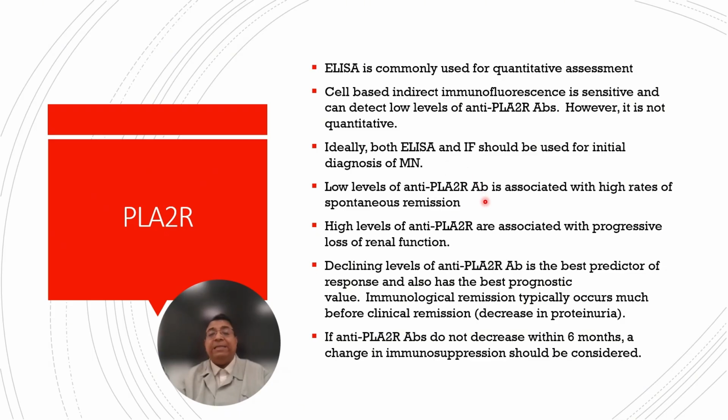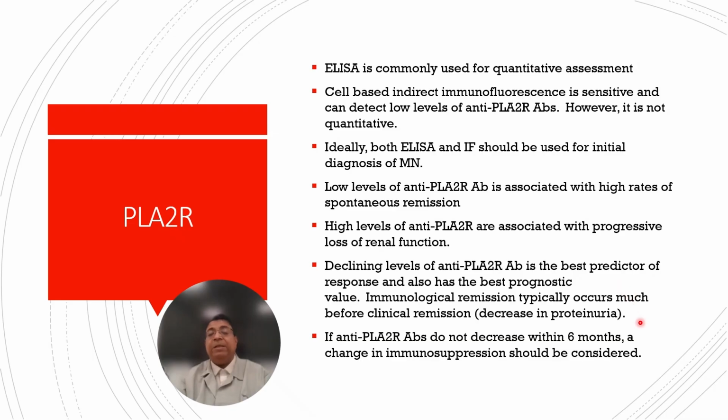Low levels of anti-PLA2R antibody is associated with high rates of spontaneous remission. High levels of anti-PLA2R are associated with progressive loss of renal function. Declining levels of anti-PLA2R antibody is the best predictor of response and also has the best prognostic value.